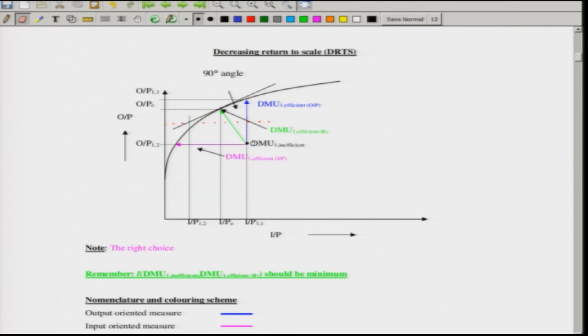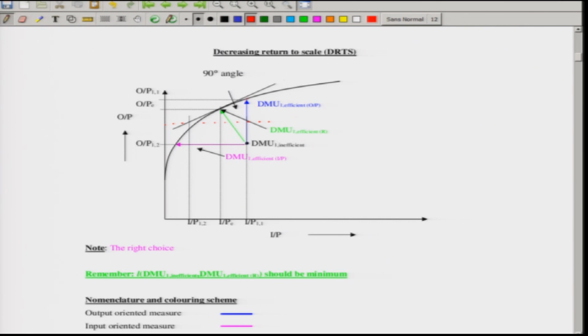So, if you consider the point which is the black one, this is inefficient, which means it can go vertically up, which means we are following the blue line, and it touches this point which I have not drawn, and this is marked as DMU efficient output, OP, which I am going to come to.